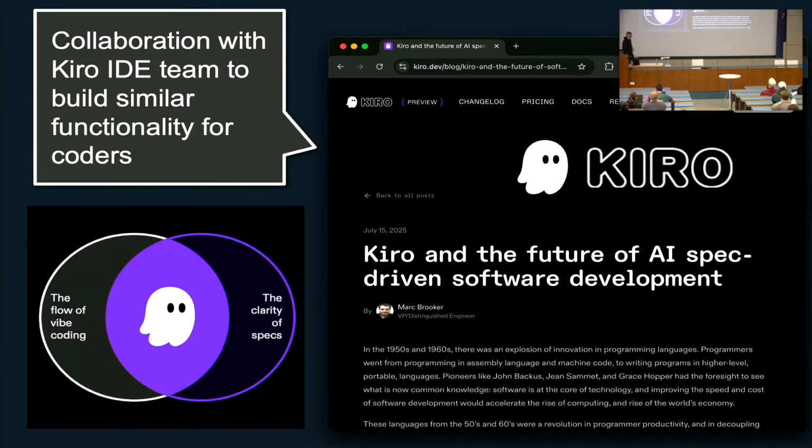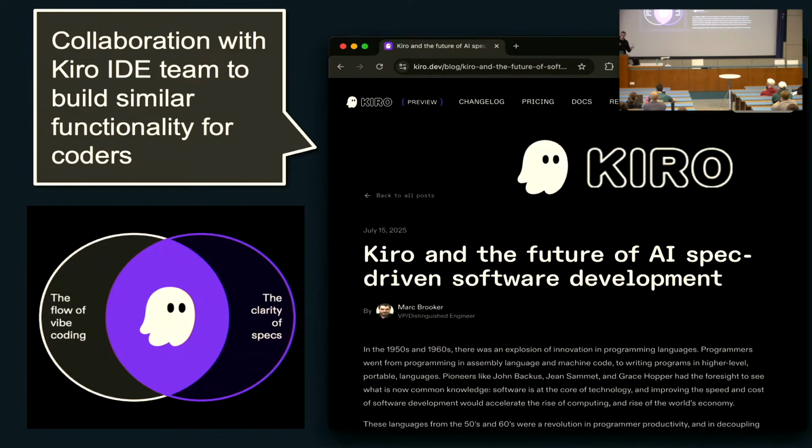We have similar work going on with a new generative AI, agentic-driven IDE for developers from Amazon called Kiro, and they were really influenced by our work. So this is their motto: the flow of vibe coding with the clarity of specification. Right now you're not able to write LTL or CTL specifications, but one could imagine that might be coming, right?